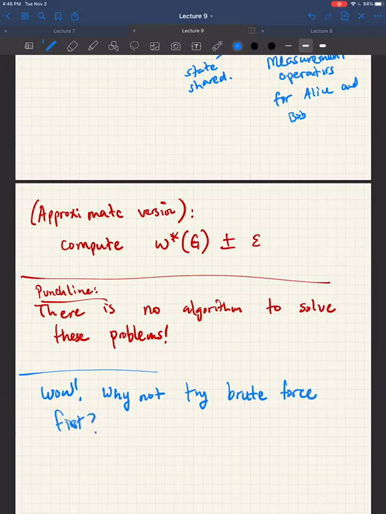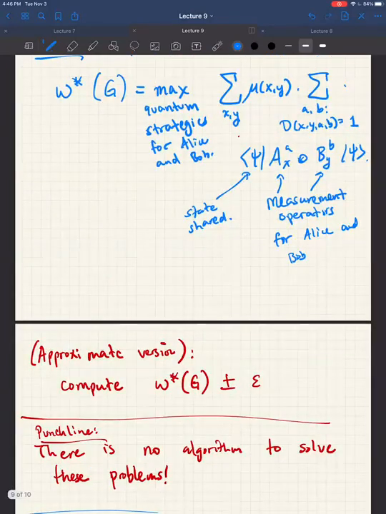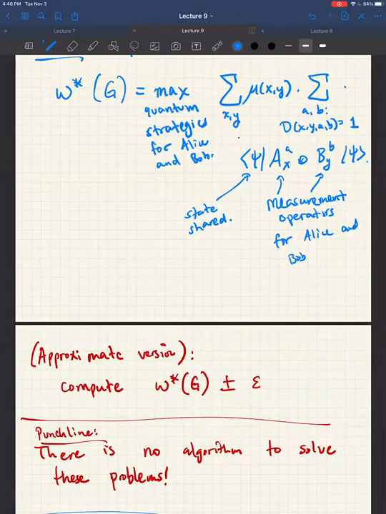Whenever you're asked, is there an algorithm to solve a problem, it's very useful to say, well, what's the dumbest, simplest algorithm I could come up with to try to solve it? Well, we can try all possible solutions. And there's one immediate barrier that Yuval brings up, which is we're maximizing over the space of quantum strategies. And this is an infinite space. It's continuous, right? The set of all quantum states is a continuous space.